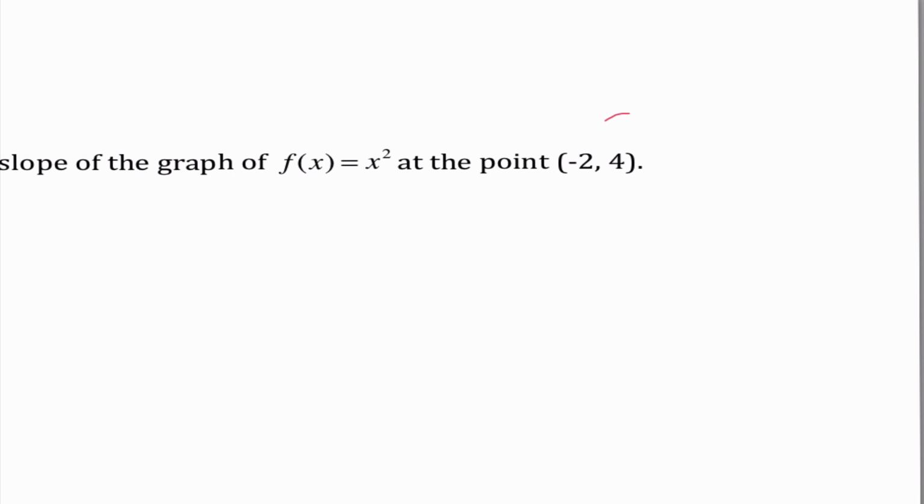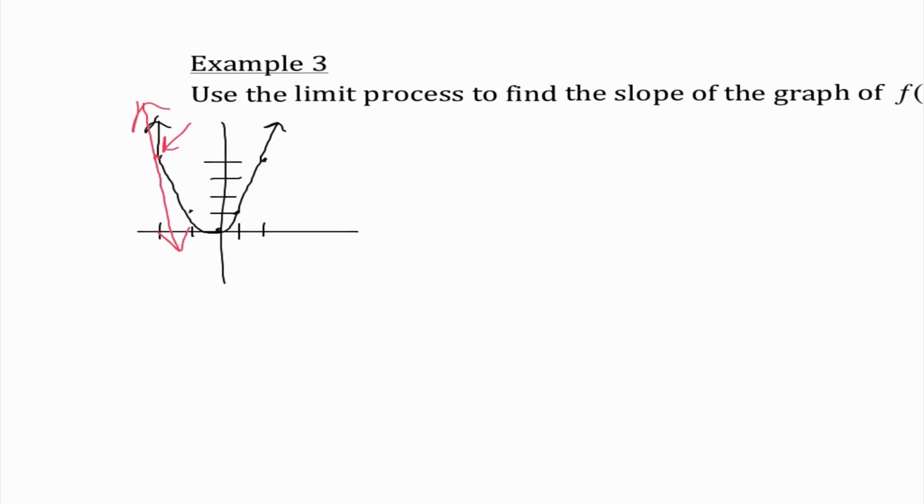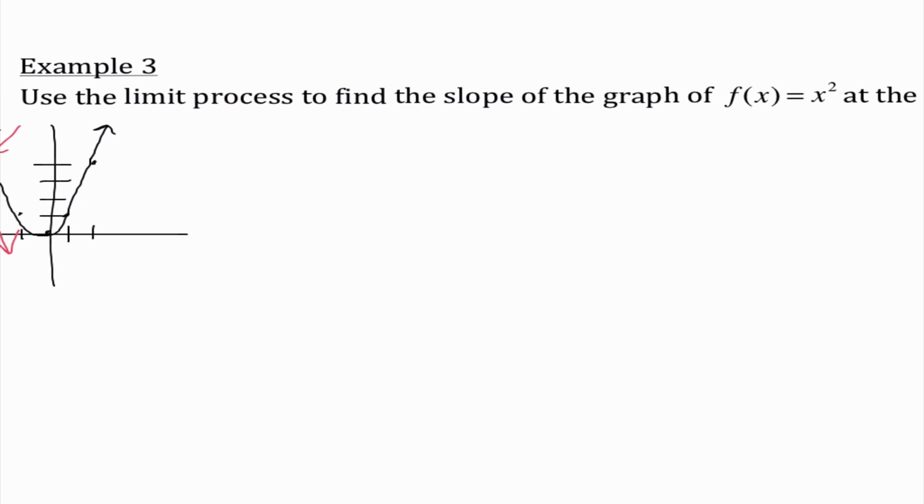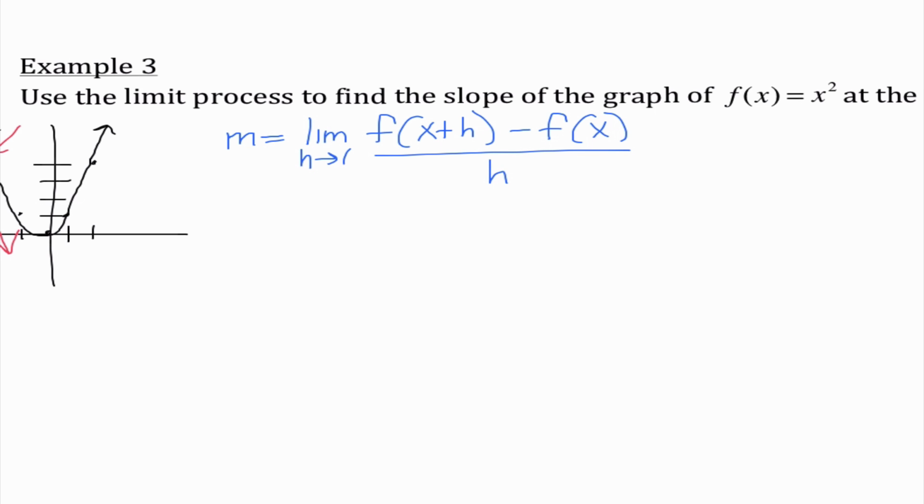So I just want to point here that -2 is our x value, and 4 is the value of the function at -2. So if I'm going through this, I'm going to write that the slope is equal to the limit of f of x plus h minus f of x over h as h approaches 0.